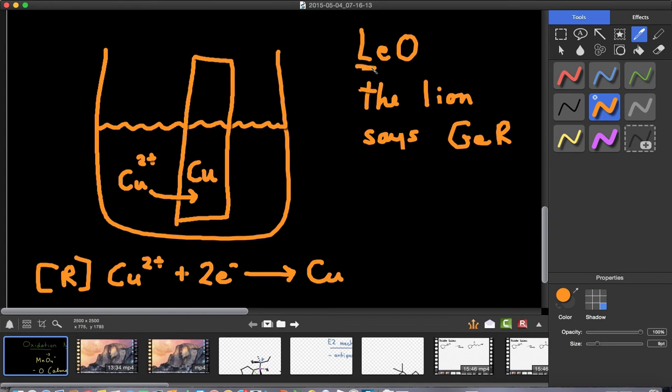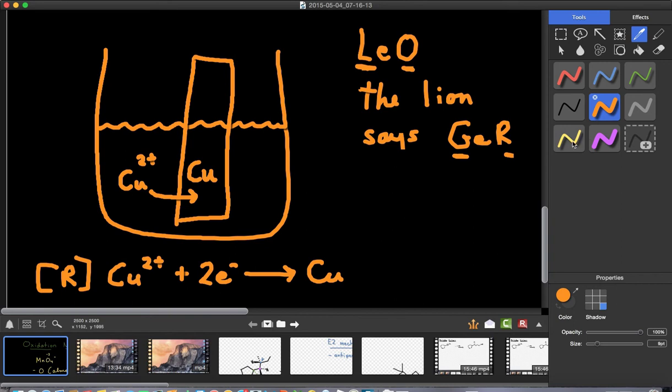Loss of electrons is oxidation. Gain of electrons is reduction. So electrons will be a chemical reactant in the reduction half reaction. They will be a product in the oxidation half reaction.